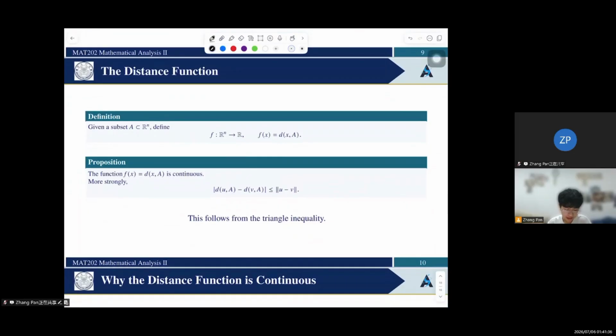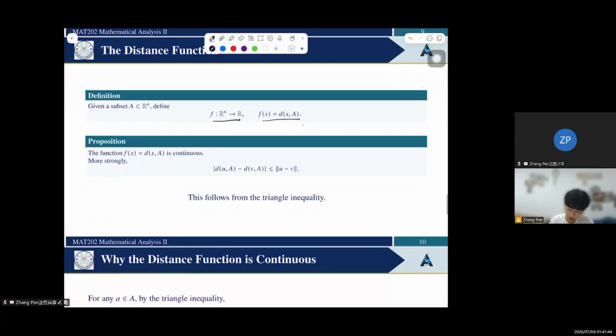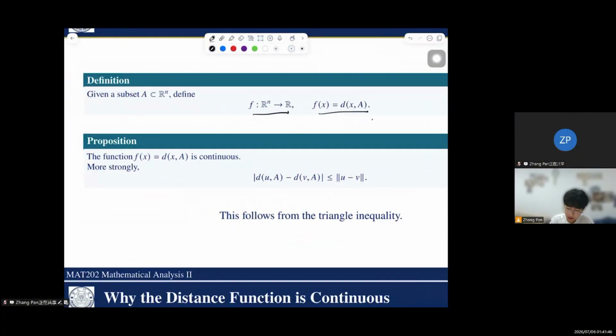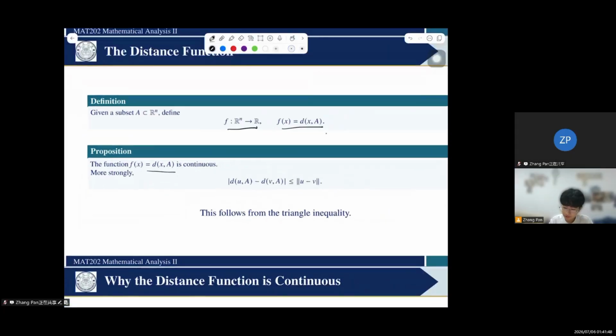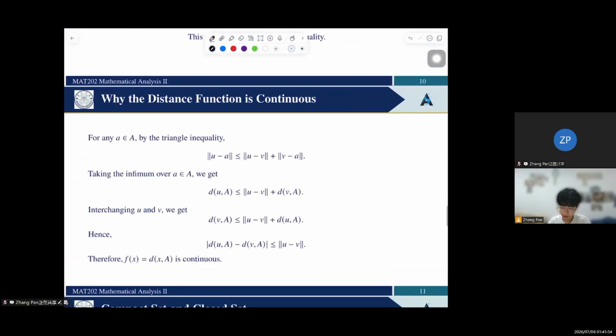Next, we define the distance function. Here is the mapping and here is the function, the distance between x and A. Here is the proposition: the distance function is continuous, and we'll prove it by using the triangle inequality. Here is the proof. For any a belonging to the set A, by the triangle inequality we can get this inequality.